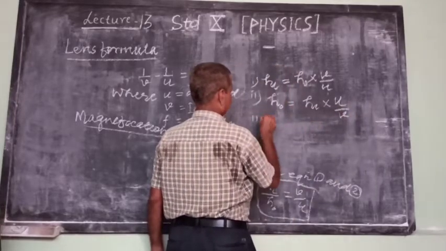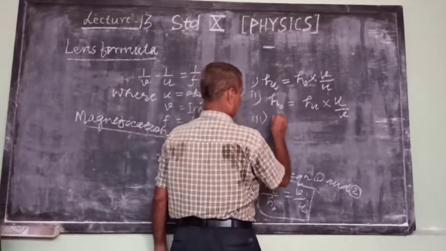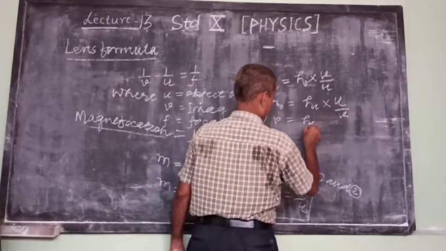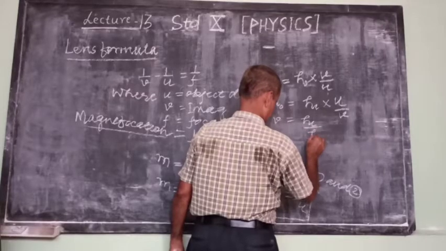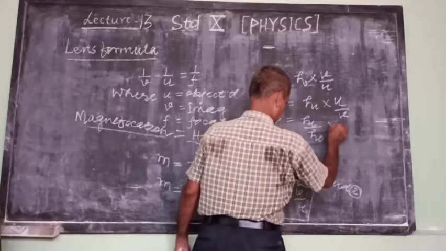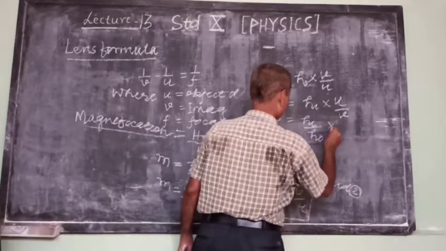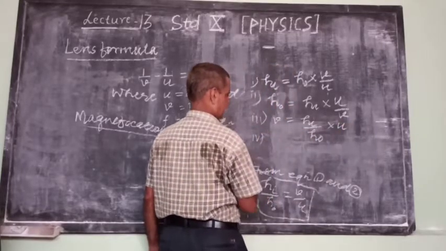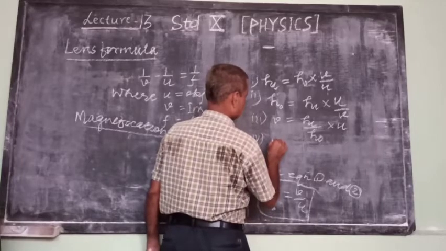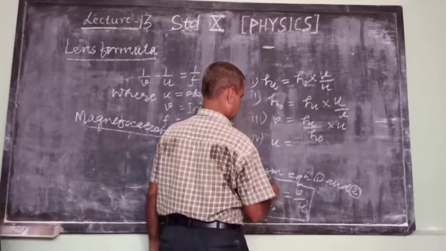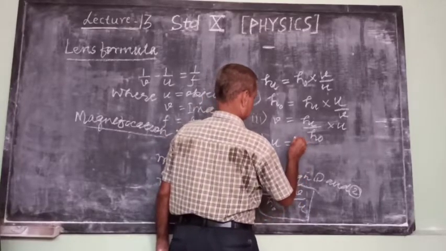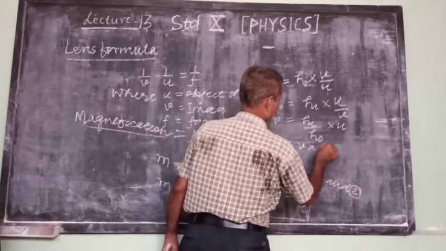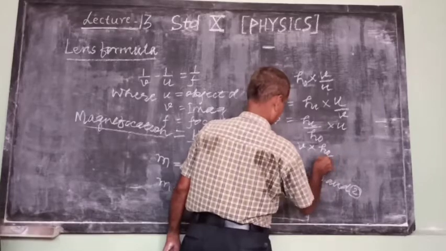Third, v can be calculated as hi by ho into u. And we can make the fourth one, that is u, which can be calculated as v into ho by hi.